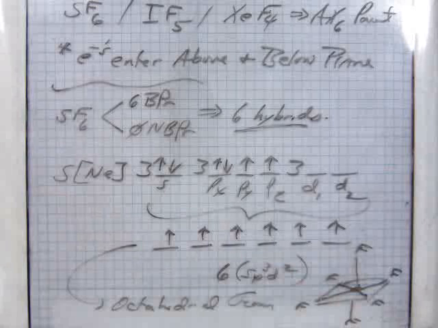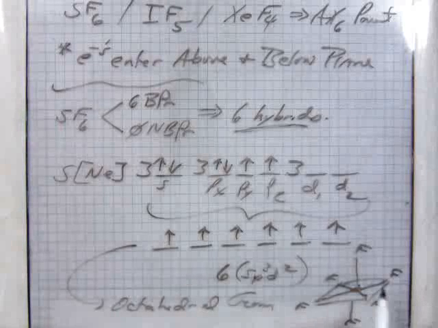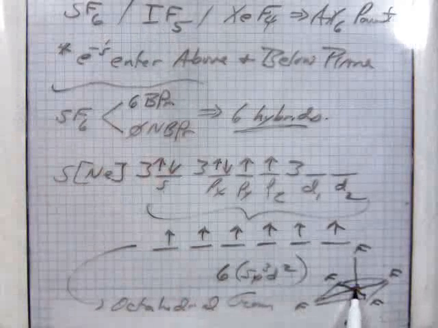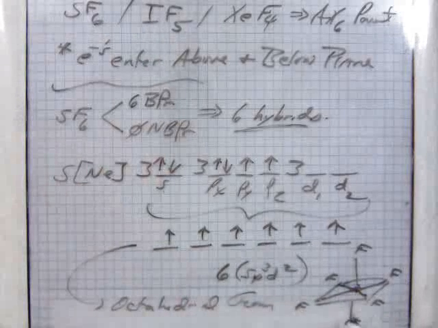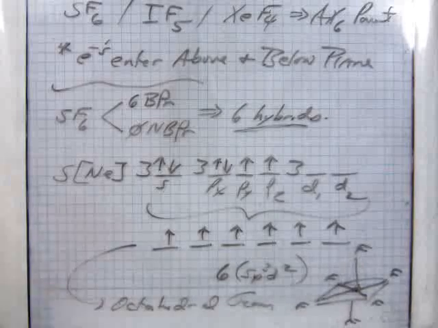Now if we did IF5, you have 1 non-bonded pair. And so you could draw the same thing and put iodine in the middle and say put the non-bonded pair, say below or above the plane, and it'd be a square pyramid.